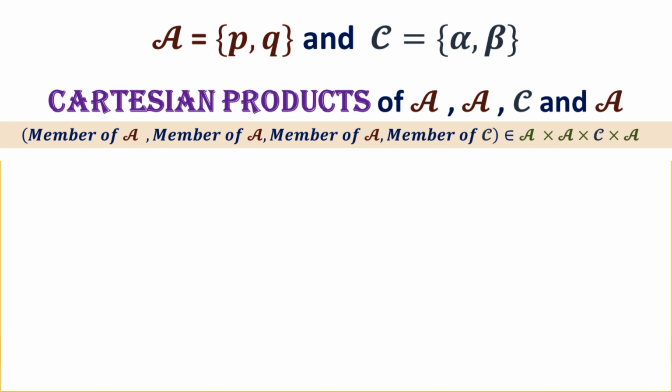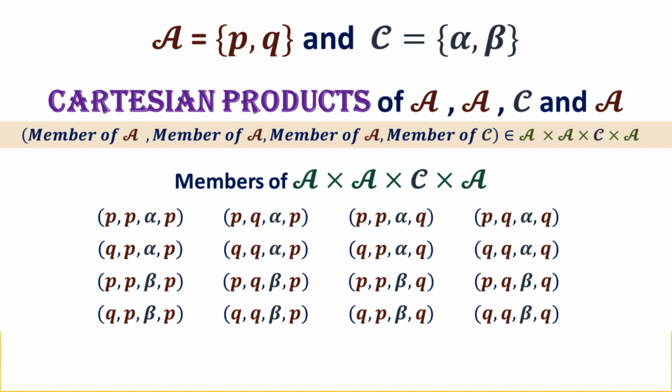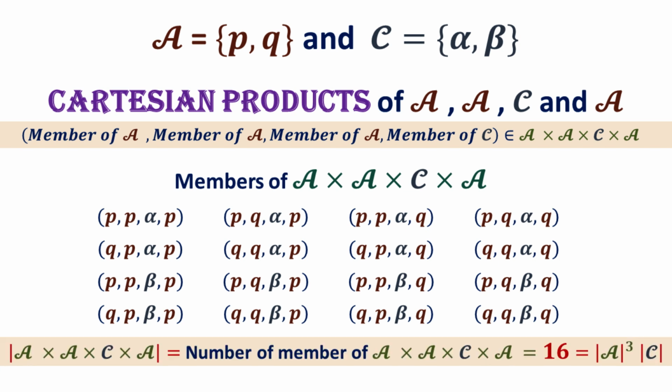The first component of the 4-tuple is any member of A, the second member is any member of A, the third member is any member of C, and the fourth member is any member of A. Therefore the members of A cross A cross C cross A are listed. And the number of members of A cross A cross C cross A is 16.